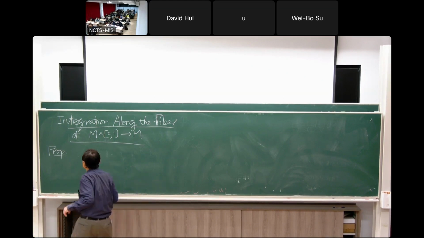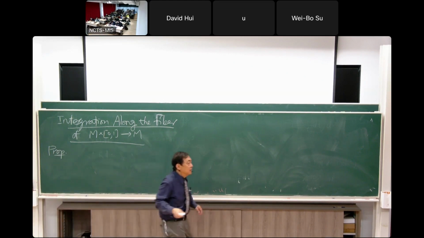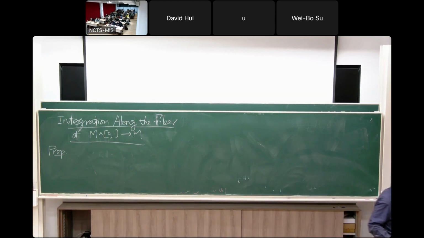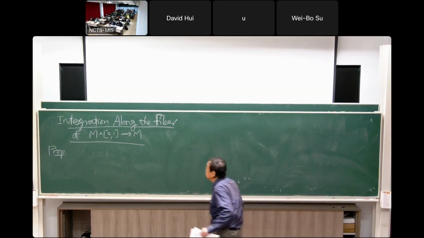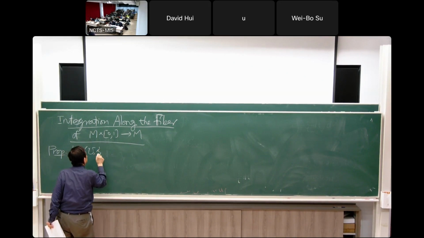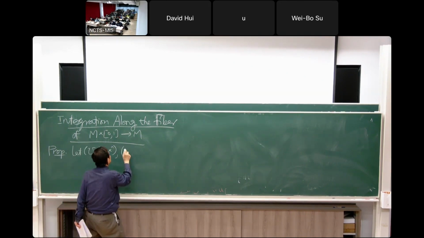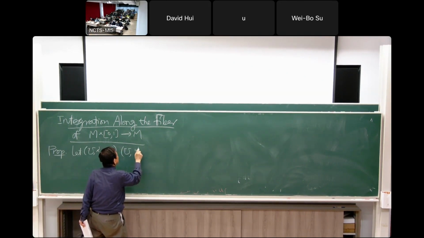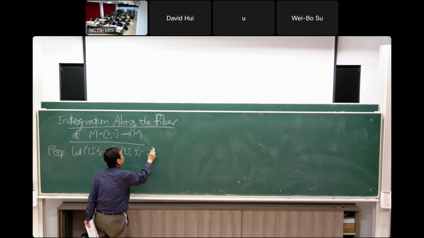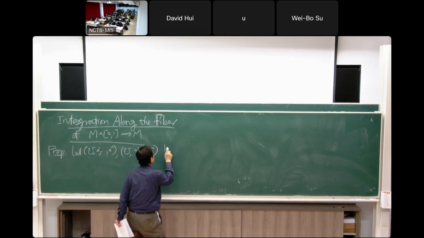Okay, so let's see. How should I state the proposition? Let U, x1 to xn and U, y1 to yn be two charts on the same open set.